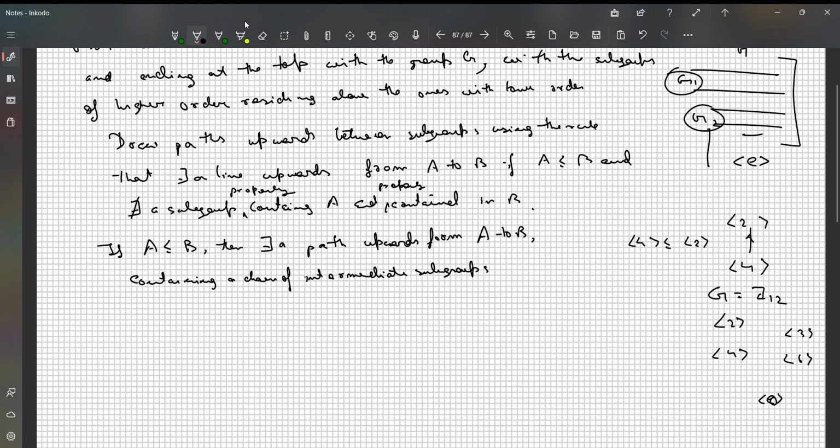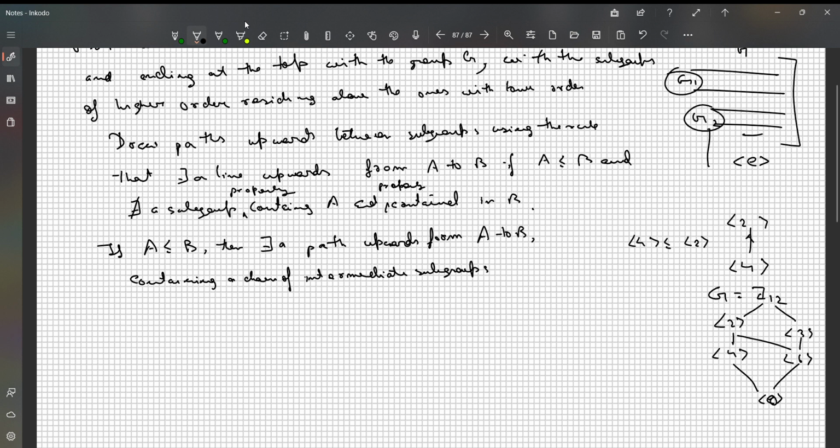So now 2 is a subgroup of Z12, so we can draw this line. 3 is a subgroup of Z12, we can draw this line. 4 is a subgroup of 2, 6 is also a subgroup of 2, 3 is also a subgroup, 6 is also a subgroup of 3, and this is a subgroup of 4 and a subgroup of 6.